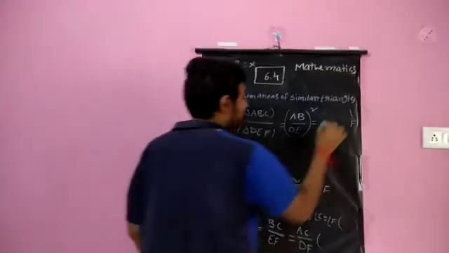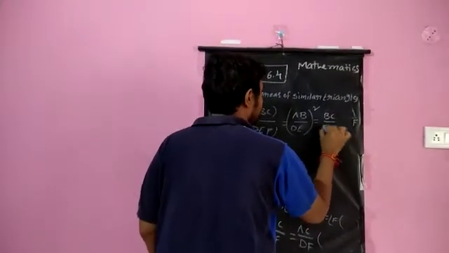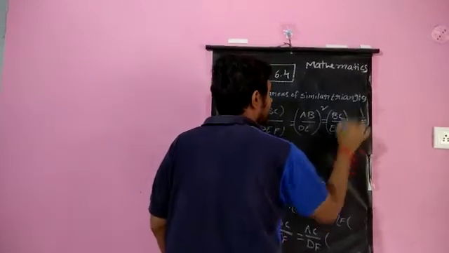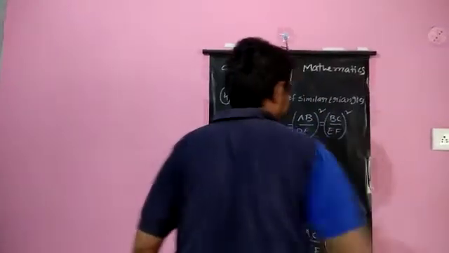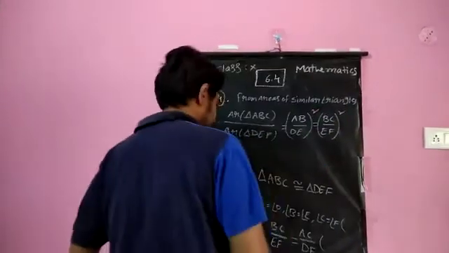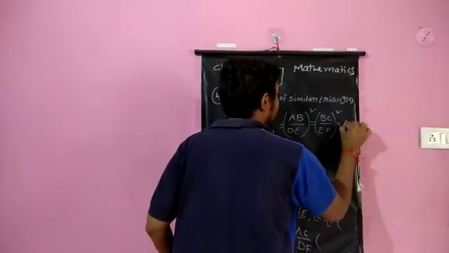The sides of triangle ABC I write in the numerator, and the sides of triangle DEF in the denominator. AB by DE, whole square. The second one, BC by EF, whole square. The third side in those two triangles is AC by DF, whole square.